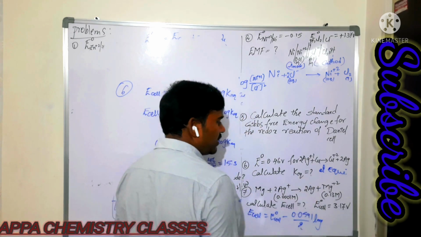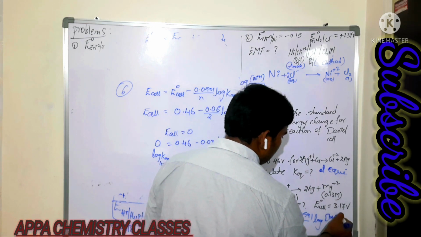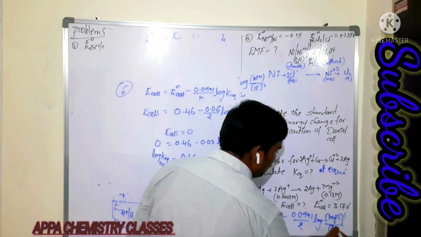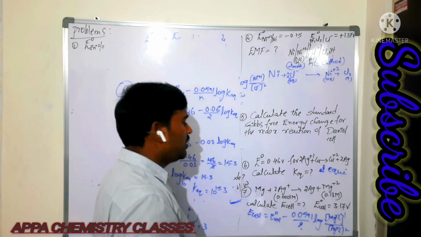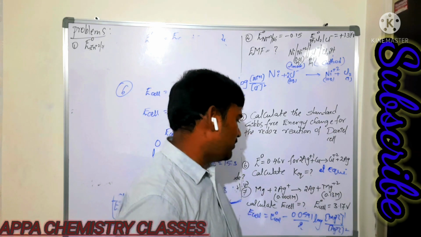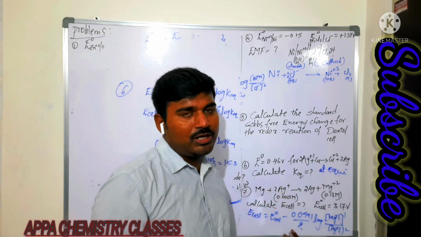Log of concentration of magnesium ion, Mg plus 2 power 1, by silver ion, Ag plus power 2, you have to take. They have given the concentration of silver ion and the concentration of magnesium. E naught cell is also given. Just substitute and you will get the E cell.